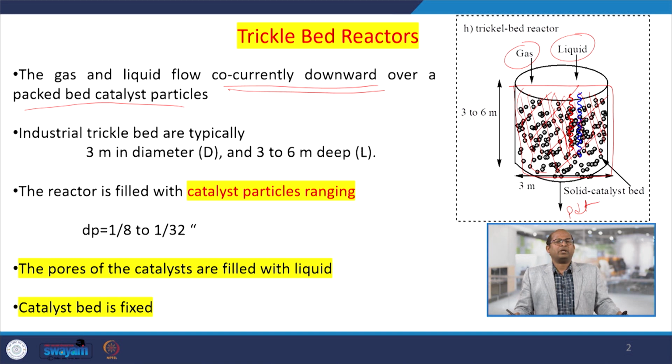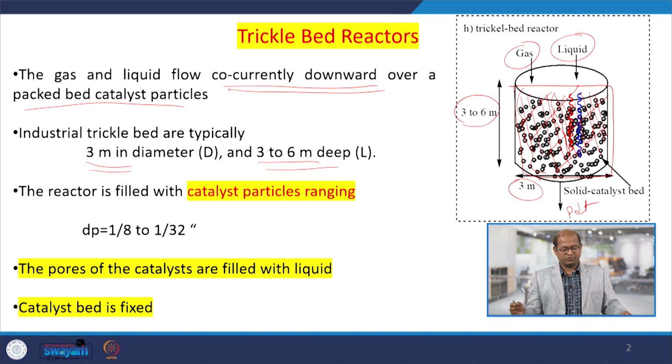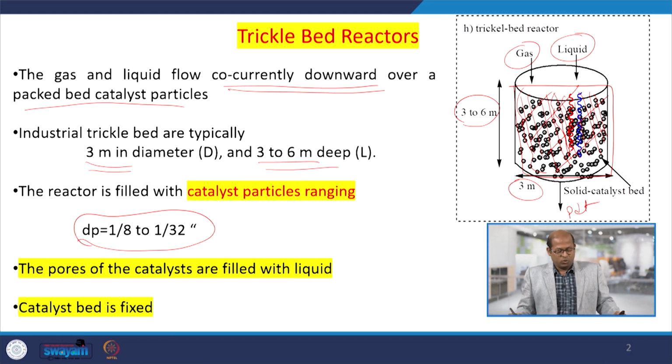Industrially, trickle bed reactors have a diameter of, let us say, 3 meters and a length of 3 to 6 meters, usually in that range. The reactor is filled with catalyst particles having diameters in the range of 1/8 inch to 1/32 inch, and the pores of the catalyst are filled with liquid.